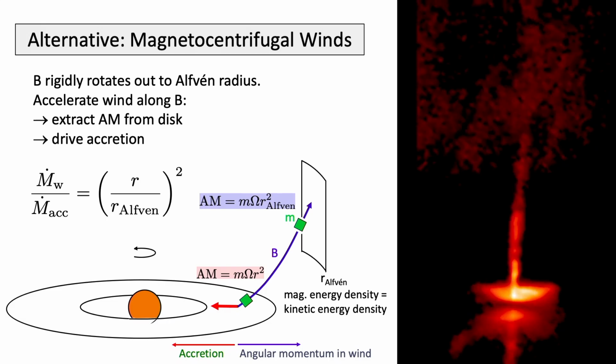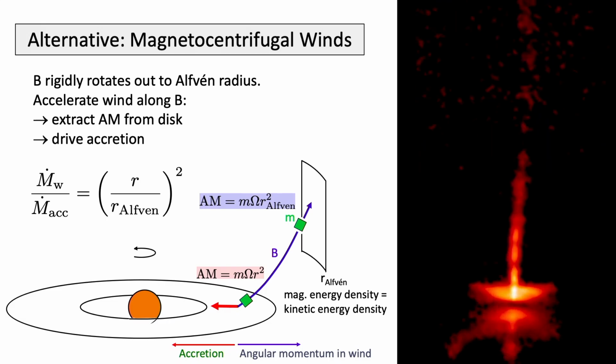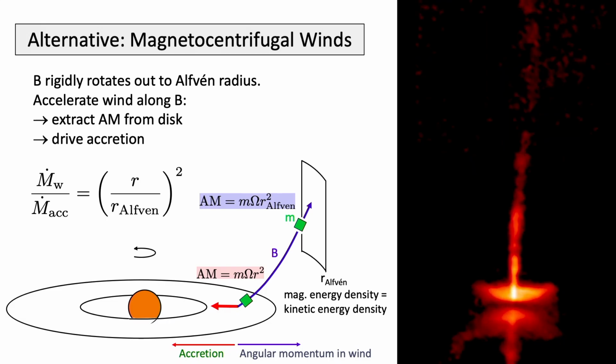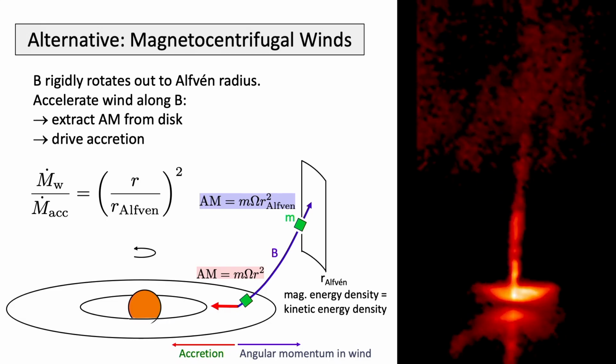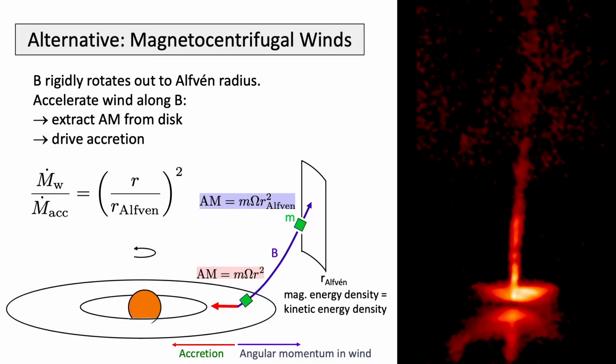Now, if this is rotating rigidly, as magnetic fields can do for a while, the omega is the same, the mass is of course the same, but by necessity, the angular momentum now is m omega r squared at this distance. I call it already the Alfvén distance. Come back to that. Because this radius is larger than this, and you even have to take the square, we have a lot more angular momentum out there in this mass element.